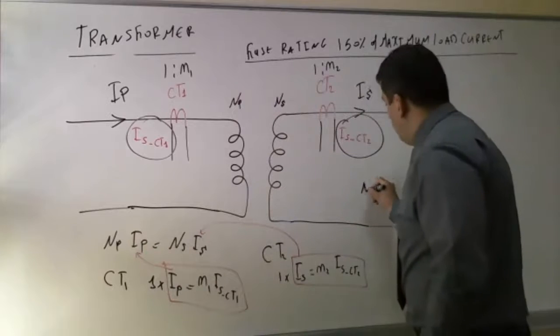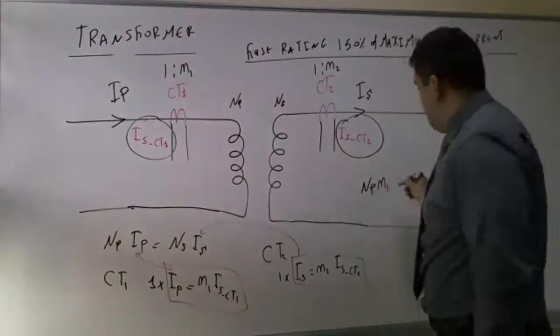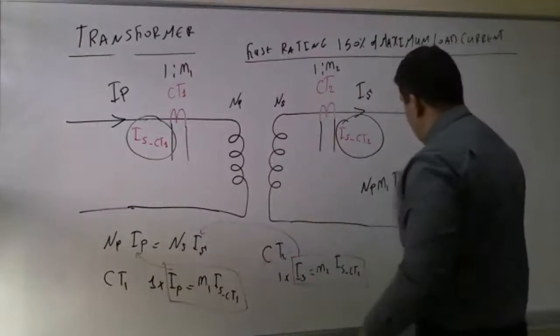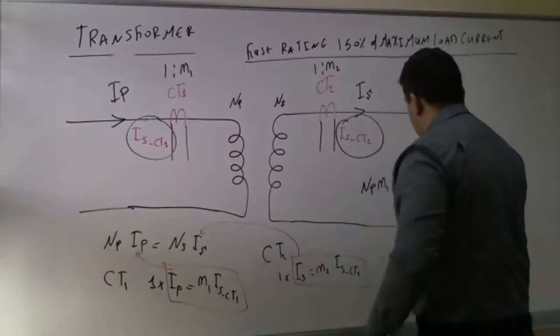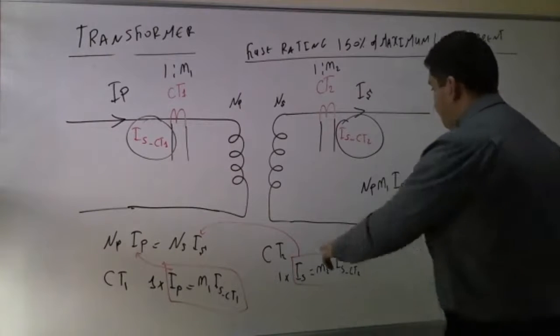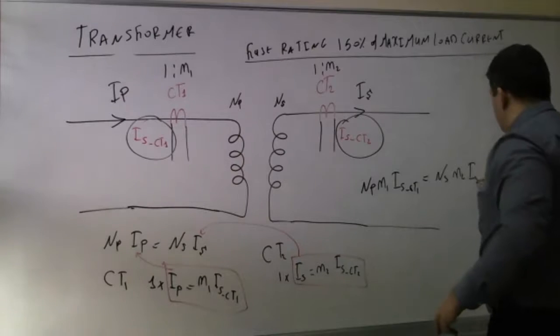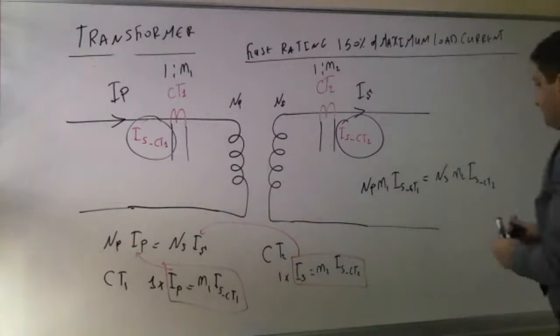I have N primary, N1, I secondary of CT1, equal to NS, N2, I secondary of CT2.